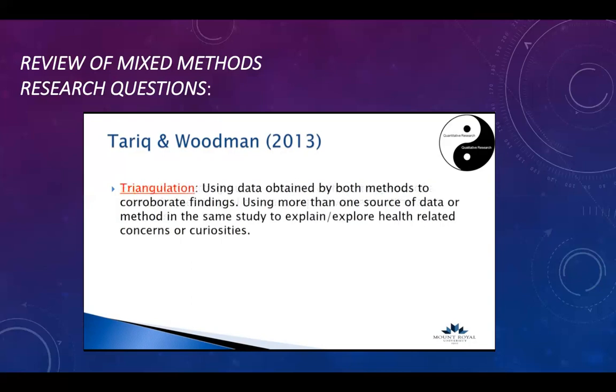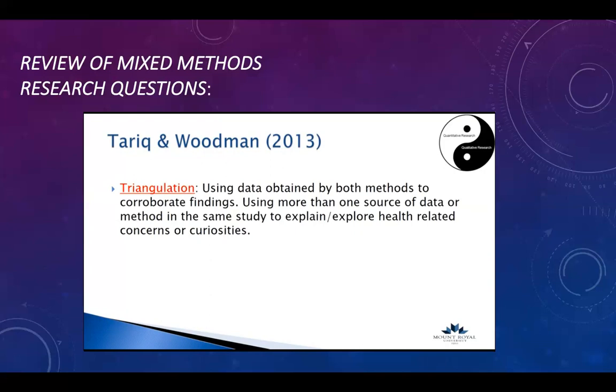And lastly, something we've explored previously is this notion of triangulation, where we use data obtained by both methods to corroborate findings. If both methods are pointing to the same outcomes or findings, that often strengthens our research study. So it could be using more than one source of data or method in the same study to explain or explore health-related concerns or curiosities.